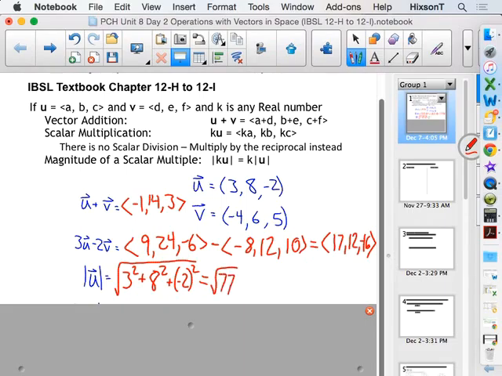What is the formula for the magnitude? For 3 dimensions, the magnitude of u is the square root of a squared plus b squared. That was 2 dimensions. Now we have a third component, so it's a squared plus b squared plus c squared.